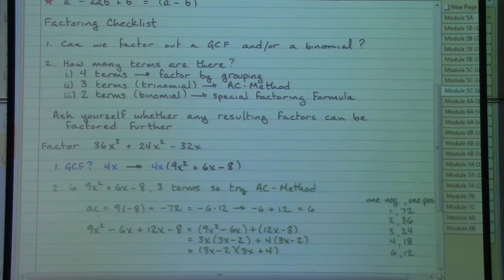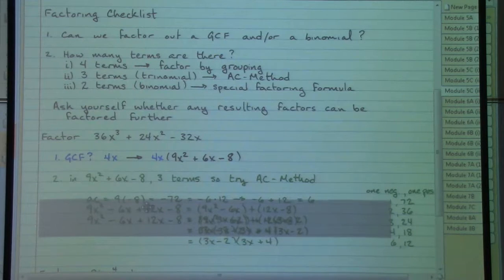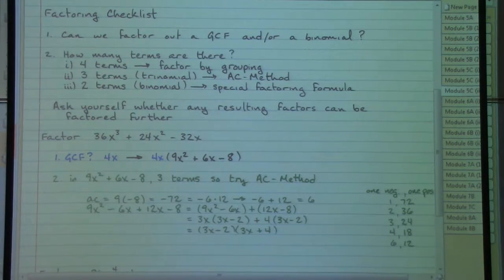And this would mean, let's just move this stuff out of the way a little bit here so that we can have enough room to write down our final answer. Our final answer for this problem has to have the greatest common factor that we figured out at the very beginning, as well as the factors that came from using our AC method, what we had just finished up.